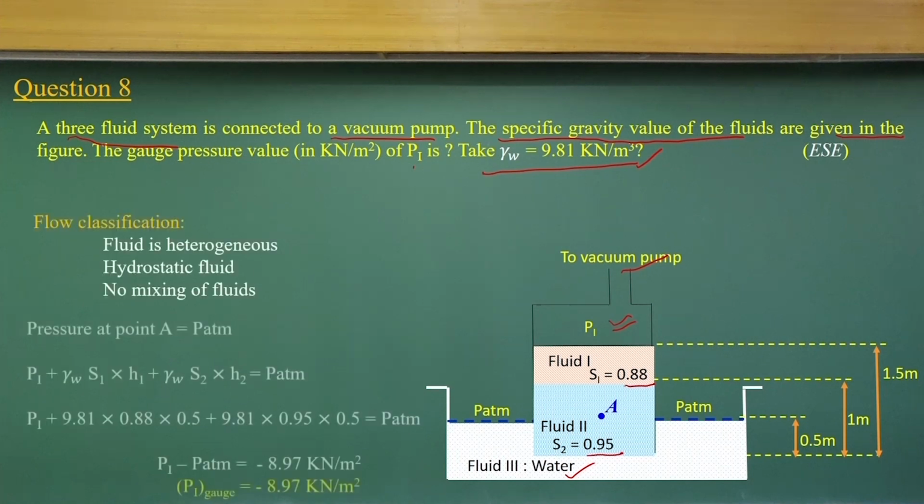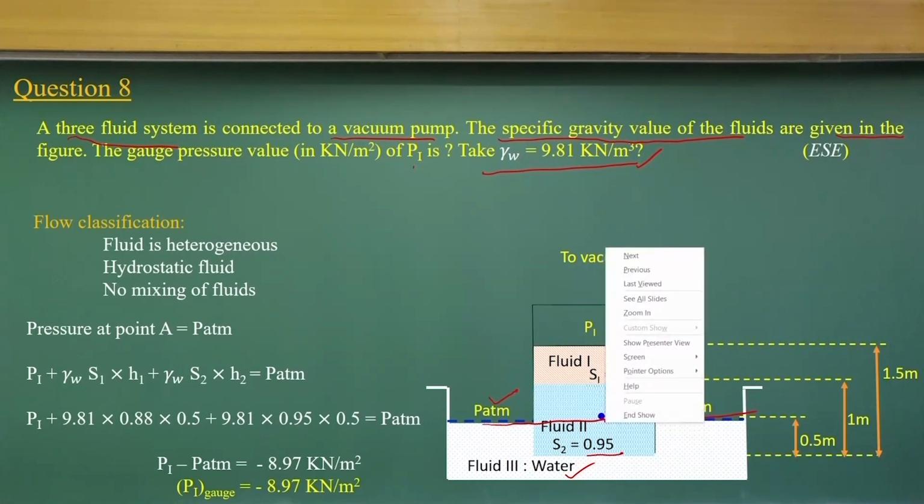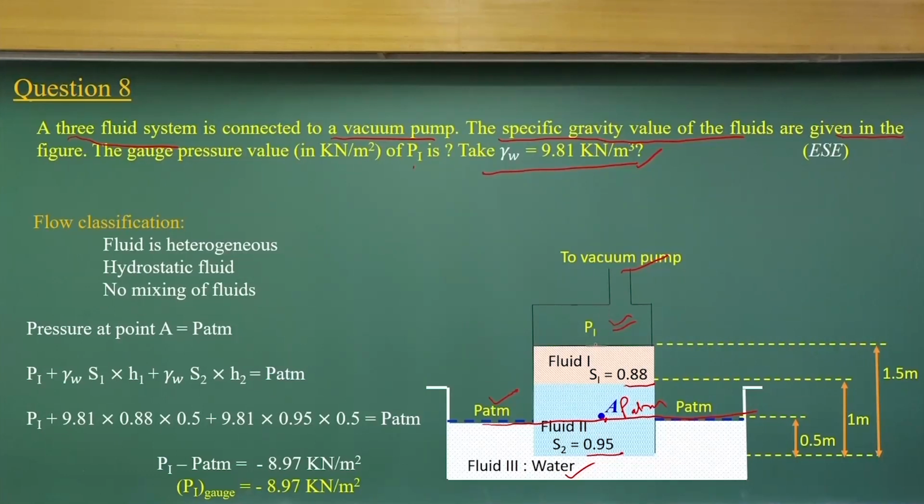This is a very simple problem. If I take a horizontal surface here, the pressure is atmospheric, so I can say the pressure at this point is also atmospheric pressure. I just equate it. If I compute the pressure from the vertical direction, it should be equal to the atmospheric pressure. P1 is the pressure at this point.